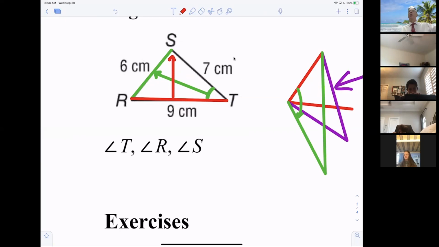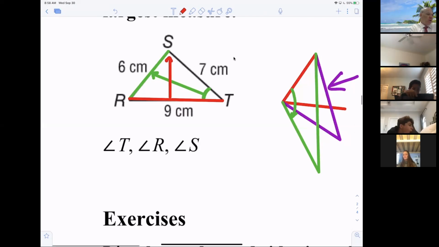And opposite the largest angle is the what? Largest side. All right, so the middle side is the middle angle. The smallest side is the smallest angle. And again, I tried to demonstrate what I mean: the larger you open up the angle, the bigger that side is created.